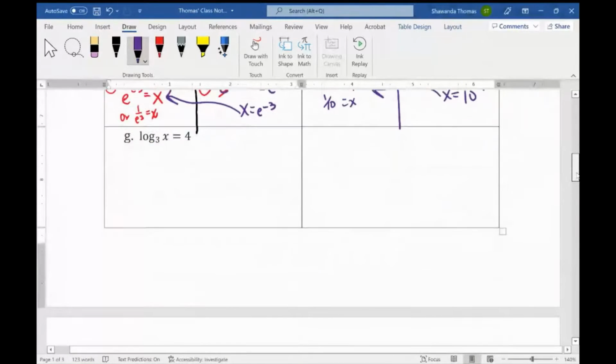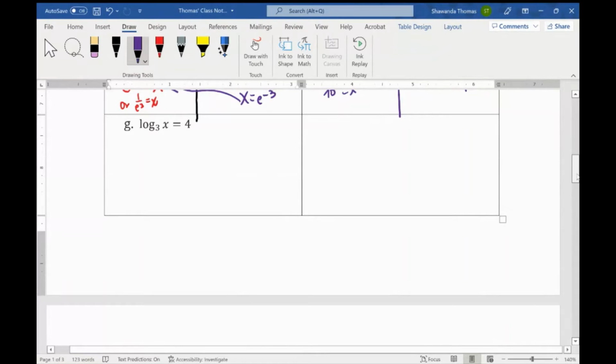Let's move on to G. We have log base 3 of x equals 4. Changing it to exponential form, we take that 3 and raise it to the 4th power. So 3 to the 4th power equals x, which is the same as x equals 81. You can put that in your calculator, or do 3 times 3 times 3 times 3 to get 81.